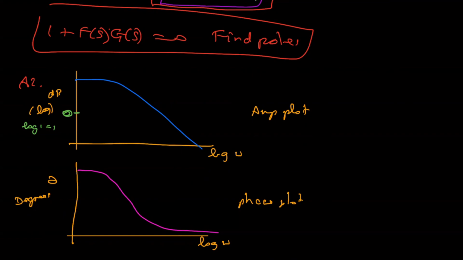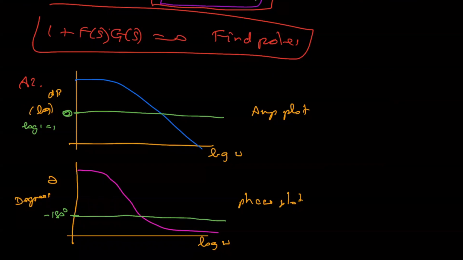So there's that line, and now I'll extend that line across. The other important one is the place where the phase crosses the 180-degree line, and I'll extend that across as well. And you remember that if the line does cross the minus 180-degree line, then there's the potential for instability, so long as at this point the gain in the amplitude plot is amplifying.